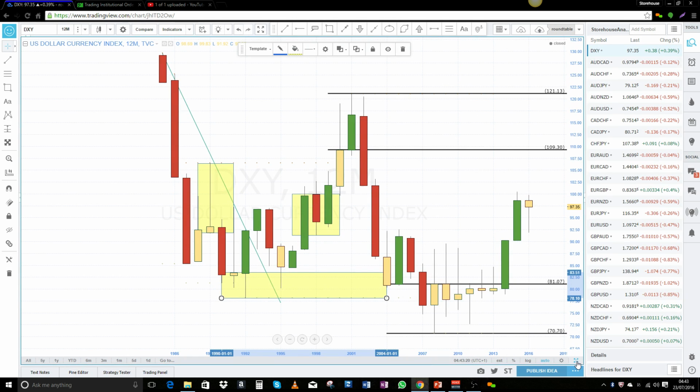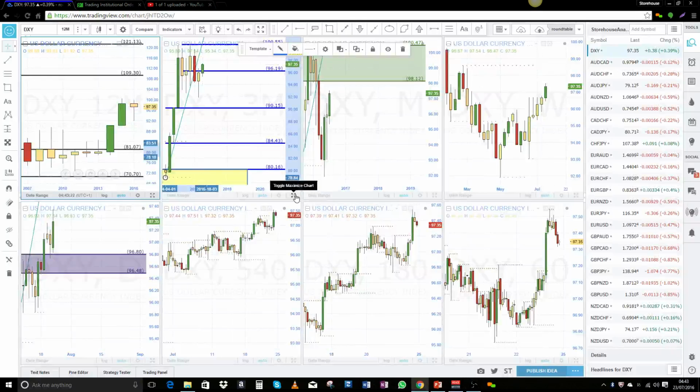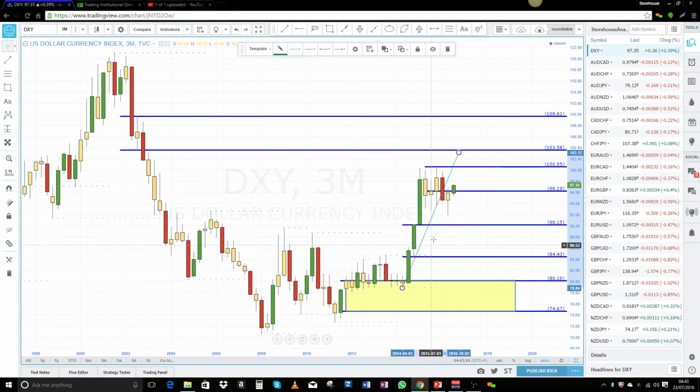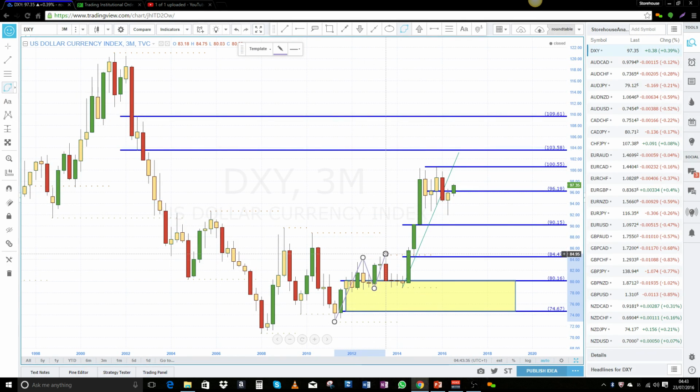Okay, macro picture done. If you go to the quarterly picture, let me just use this polyline tool, which is a really cool tool in TradingView. Some people think this is like a zigzag tool. It's really not. The zigzag is a very different tool. So this is the way that I see it.